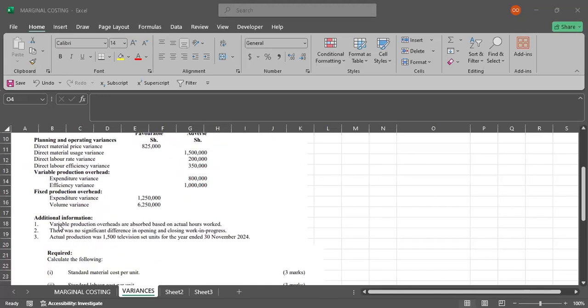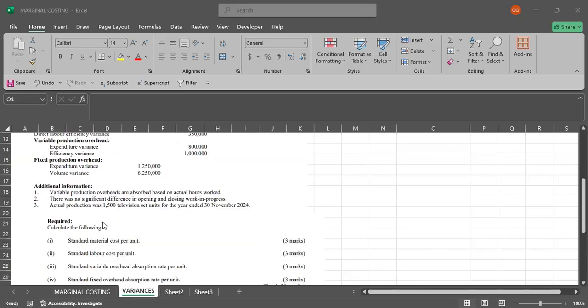So additional information. Variable production overheads are absorbed based on actual hours worked. There was no significant difference in opening and closing work in progress. So in short, there's no opening or closing work in progress. Actual production was 1,500 television set units for the year ended 30th November 2024.